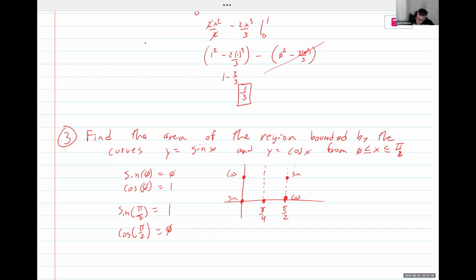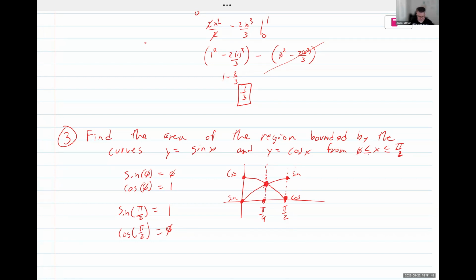The sine, which would have looked like this, is coming out here, and the cosine, which looks like this, is coming out here. I didn't line that up too well, but right here at pi over 4, that's where they intersect.